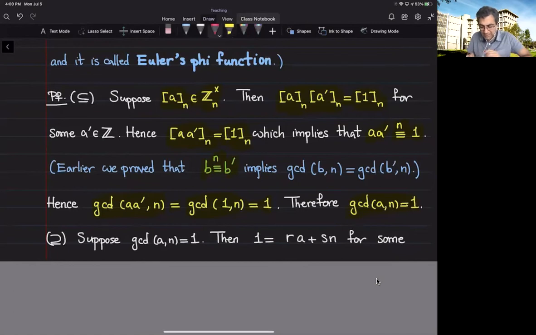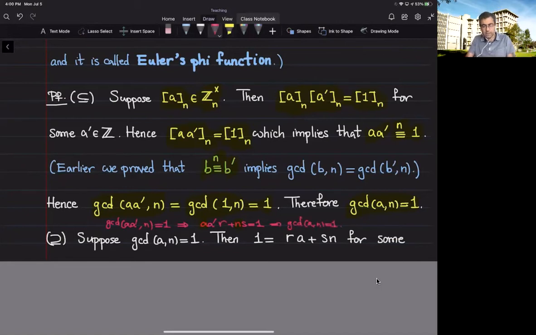You say when GCD of AA prime and n is 1, then that implies that an integer linear combination of them should be 1. But from here, I deduce that some integer linear combination of A and n is 1, from which we deduce that GCD of A and n is 1.